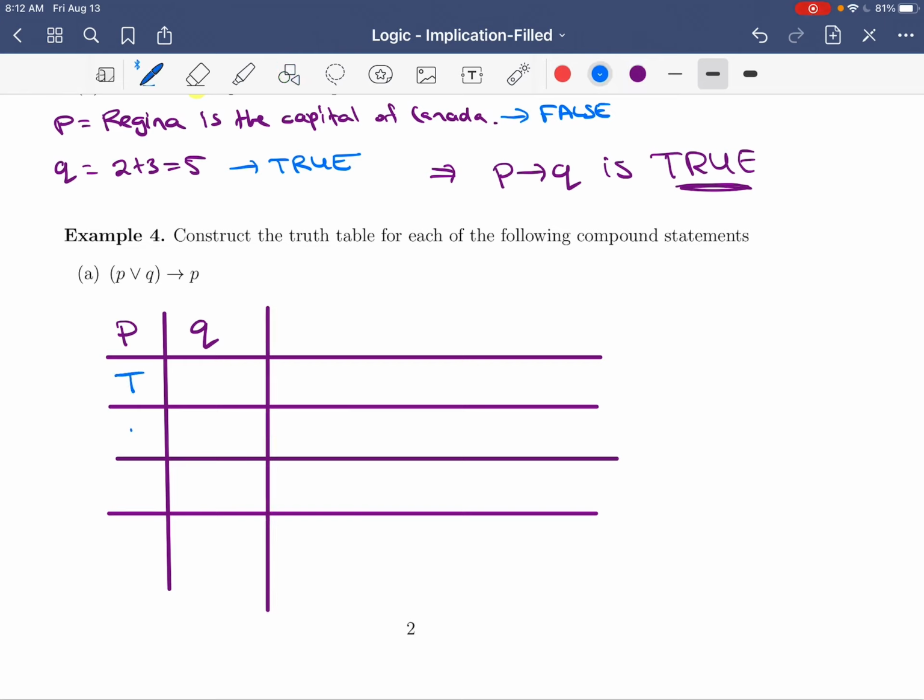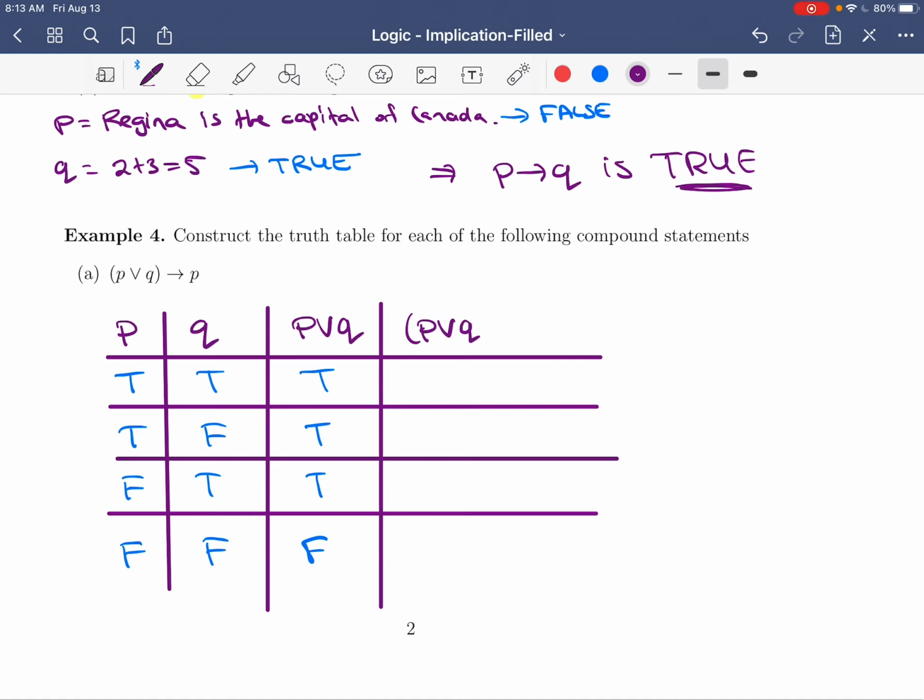True, true, false, false, true, false, true, false. So I'm going to build up. I'm going to do P or Q first. We remember that this is false only when they're both false. So it's going to be false here and true everywhere else.